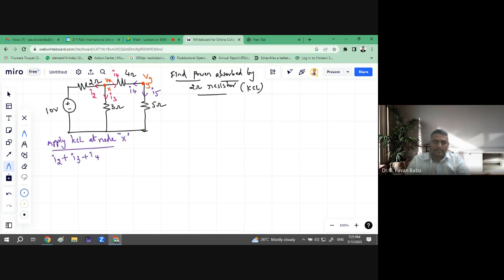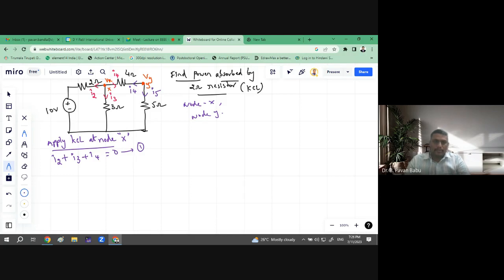So this is the direction. Don't go for node Y. Here two nodes are there, node X and node Y. We have applied KCL at node X. Look at this direction of current. I have considered I4 in the outward direction, hence the sum will be 0. Let it be equation 1. Now we need to find the values of I2, I3 and I4.